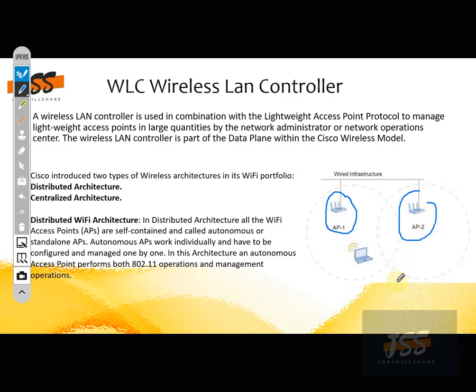Even if I have like 5 to 6 access points, I will go one by one. I will configure all the configuration like SSID, the password, channels, and the frequencies, because 5 or 6 access points is not a big deal. But what in case you have like thousands of access points?